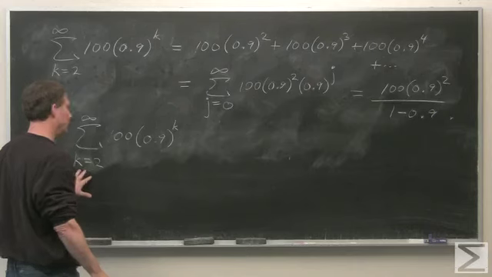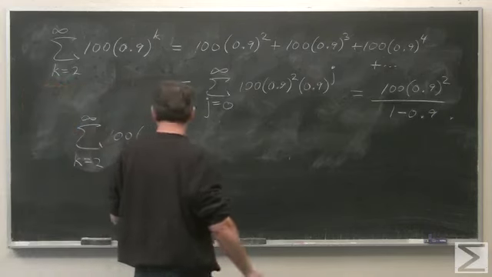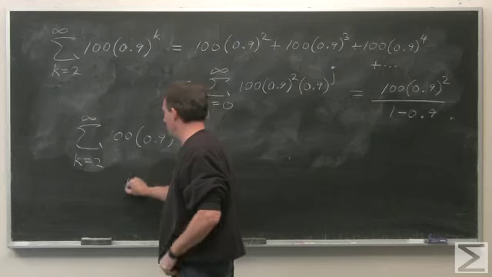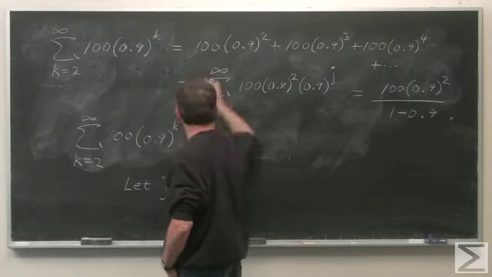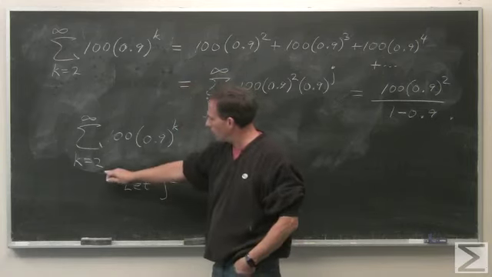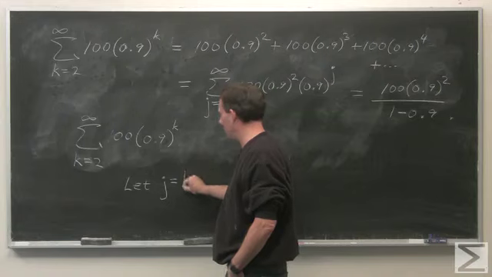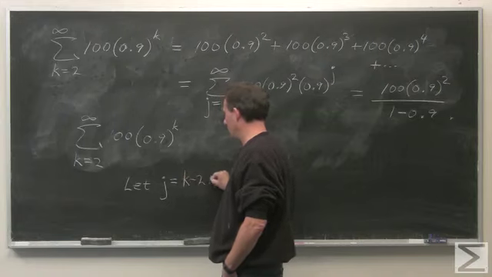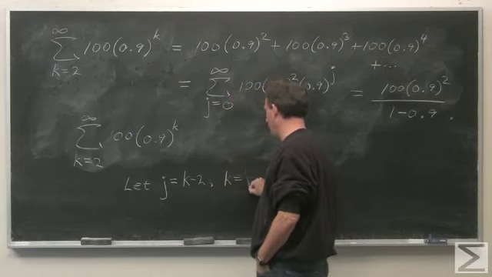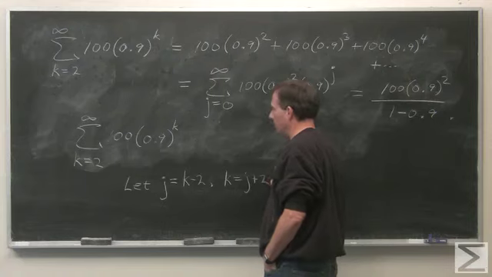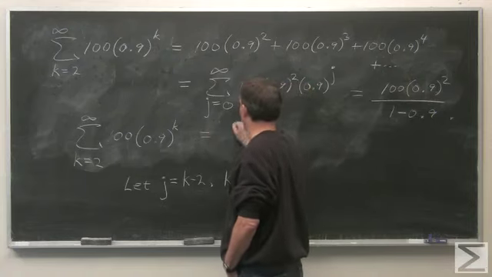And you would say, oh, I'd like my index to start at 0. You're going to let j, without writing out any summation, be k minus 2. So this means k is j plus 2, and I write things in terms of j instead of k.